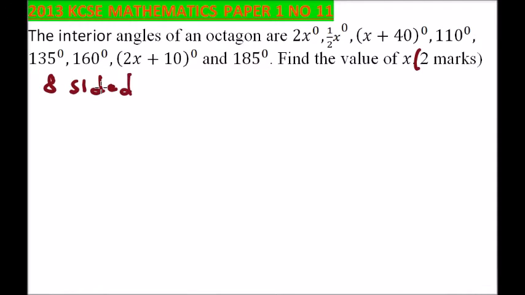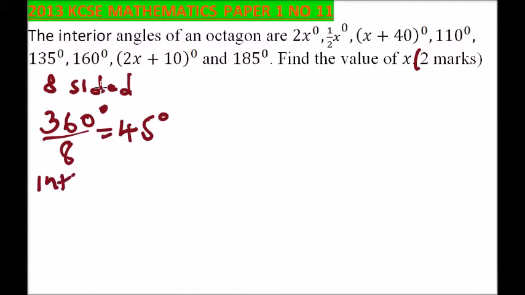We need to know the total of the interior angles. So what we do is, since it's 8-sided, we divide 360 degrees by 8. We get 45. So that is the angle at the center, and it is equivalent to the exterior angle. So the interior angle is equal to 135 degrees.